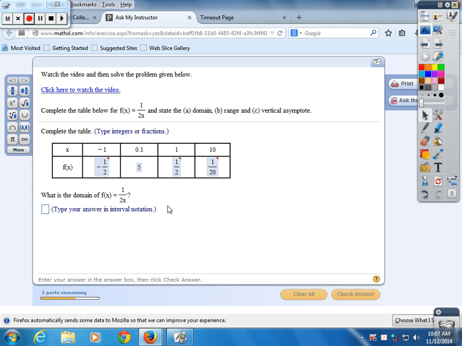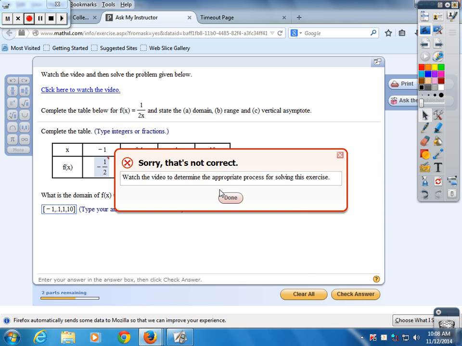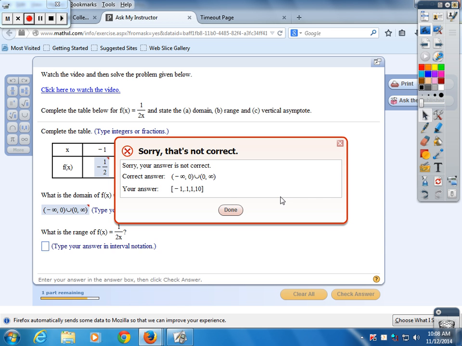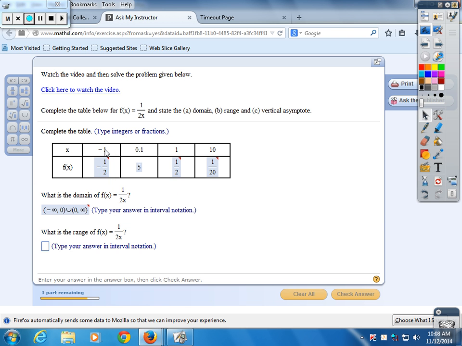It looks like to me they want -1, comma, 0.1, comma, 1, comma, 10. Unless they want -1 to 10. Okay, they wanted the whole thing. Well, the way the context of the question is, they're just wanting these right here. So that's why I said it was a trick question.